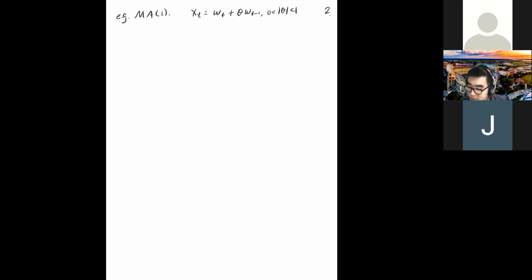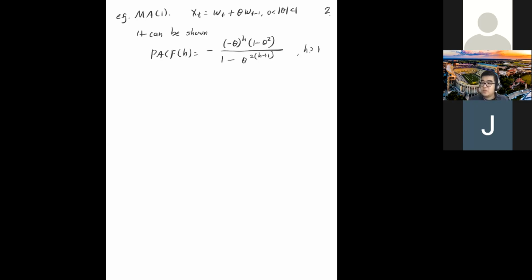Okay, so it can be shown the PACF of this MA(1) model is equal to this. So if h is larger than or equal to 1, then this is the PACF at lag h. Okay, so it's a function of theta and a function of h. Plus 1.